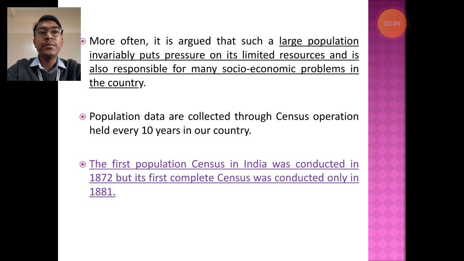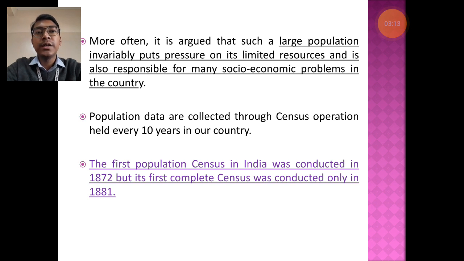So because of this, there is a huge pressure on the resources, as a result of which various socio-economic problems have emerged in our country. Like I am saying about the population of our country, the total population is 1210 million. India is the second largest country in the world in terms of population.